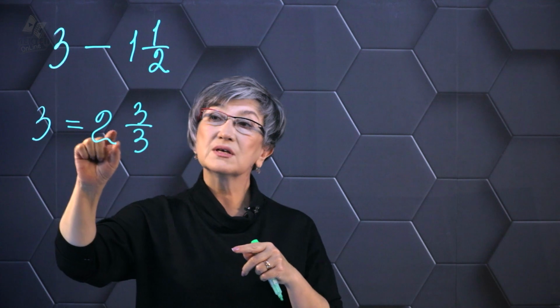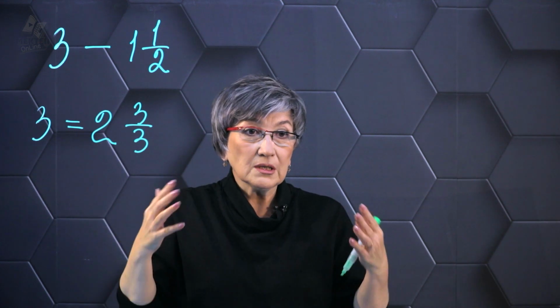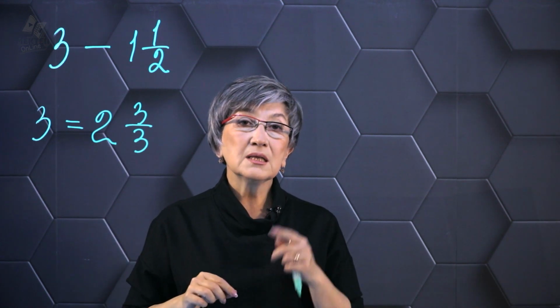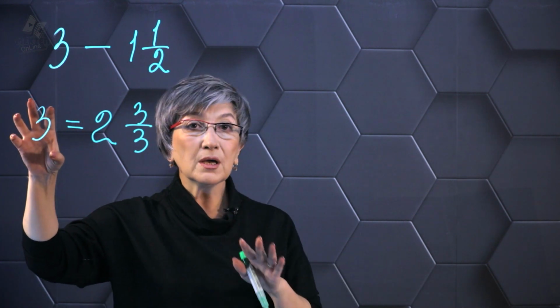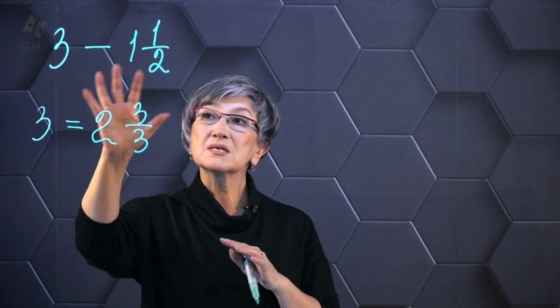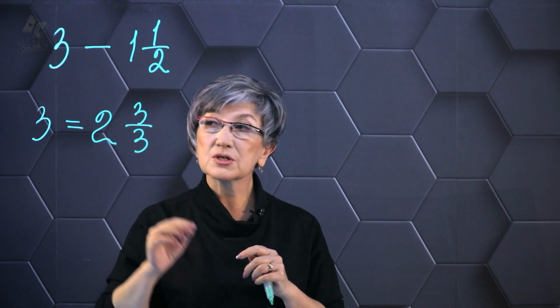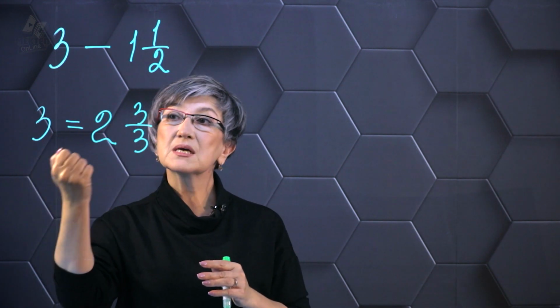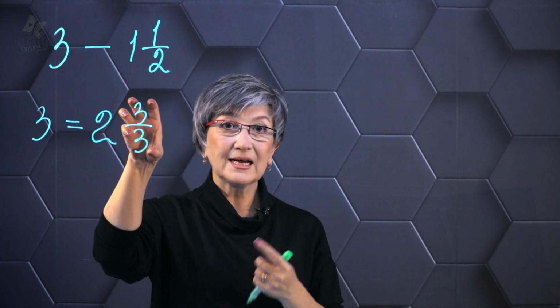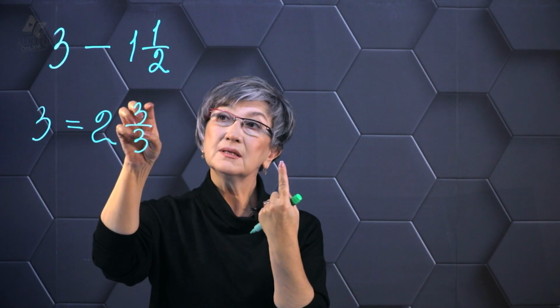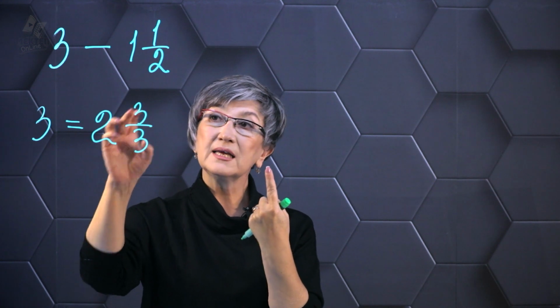Notice that I wrote down that 3 is 2 whole and 3/3. Why did I write it down like that? I have repeatedly drawn your attention to the fact that we can write any number as a mixed number. For example, we wrote 3 as 2 whole and 3/3. 3/3 is 1, right? 2 and 1 would be 3.